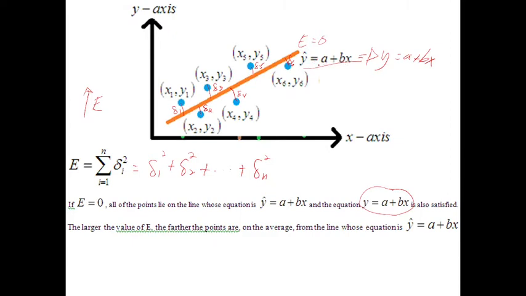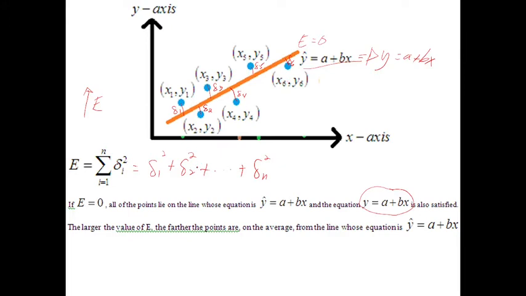So, masasabi natin na malaki yung gap, in general, ng line na to sa mga set of points, x sub 1 until x sub 6.